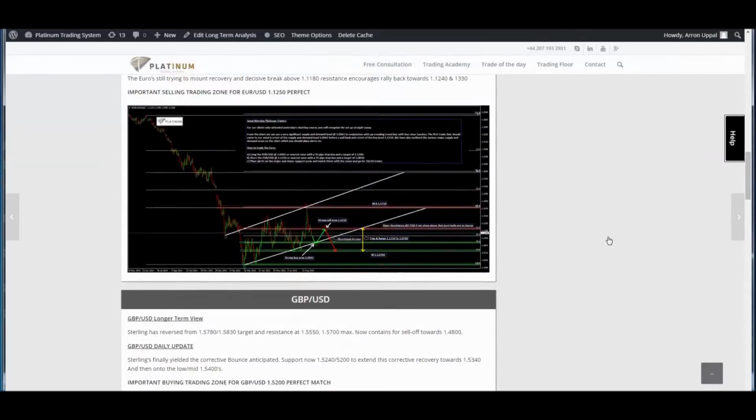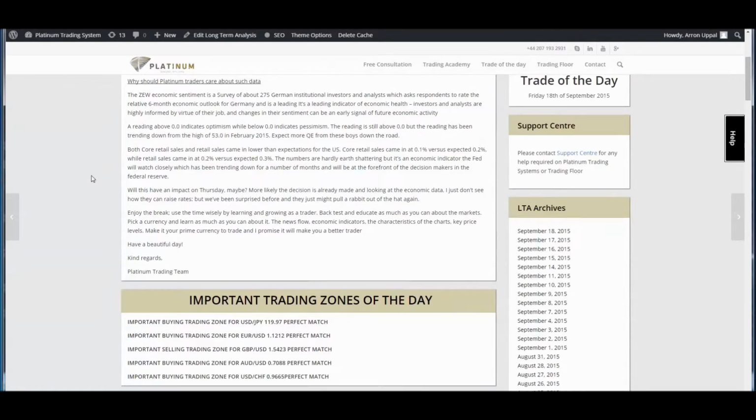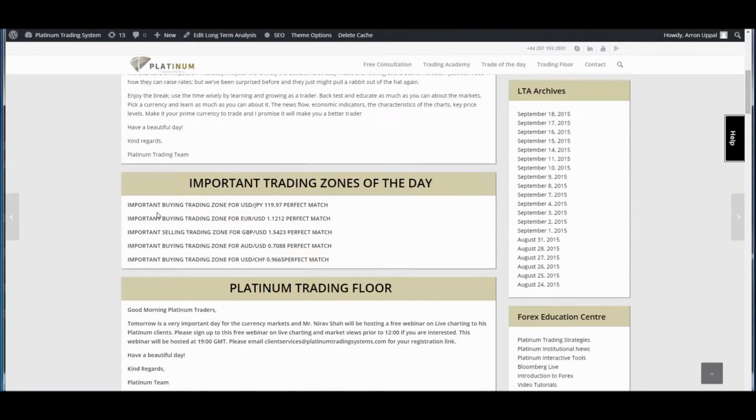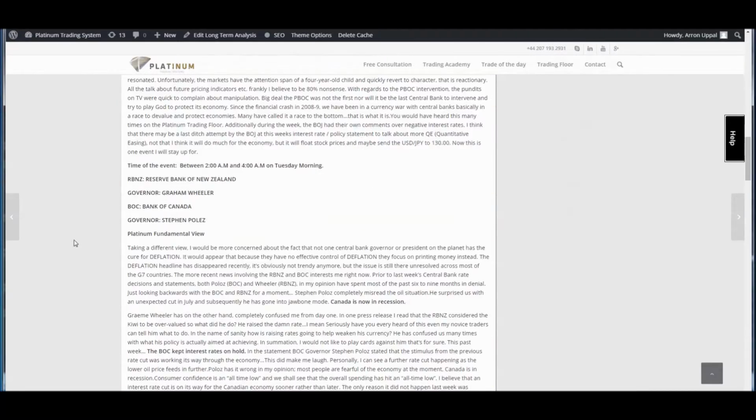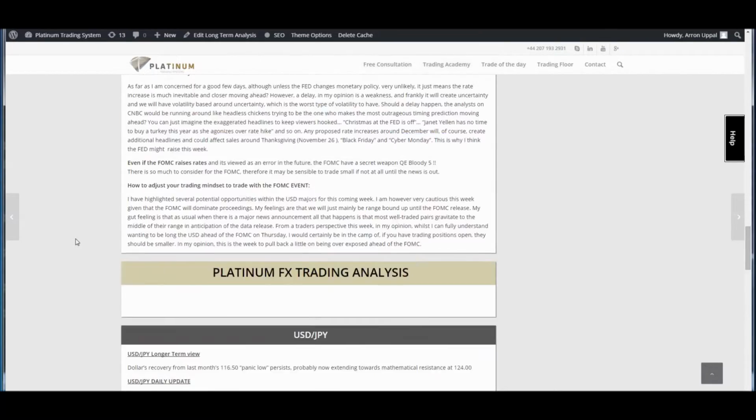Then to show you the trades that were given on the 16th, we'll go to these trades just here. You can see that this is the euro at 12.12, the cable at 54.23, and the dollar Swiss at 96.65. The particular CAD trade, the 31.75, was a major support given.